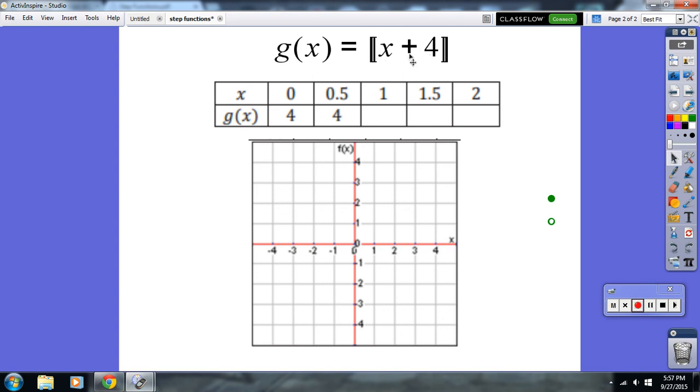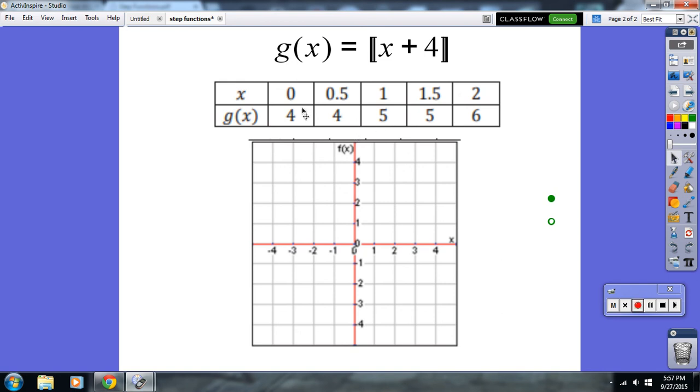Plug in 1, 1 plus 4 is 5, greatest integer is 5. Plug in 1.5, 4 plus 1.5 is 5.5, round down to 5. And then last we have 2, 2 plus 4 is 6, greatest integer would be 6.